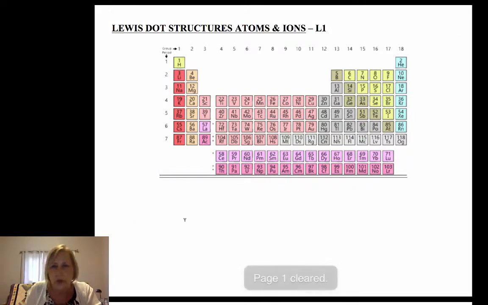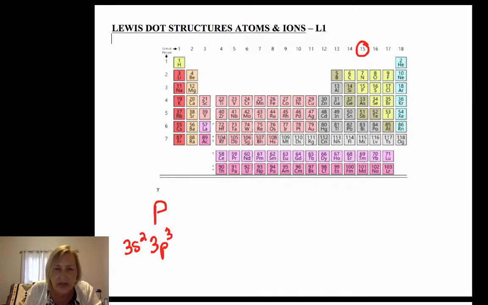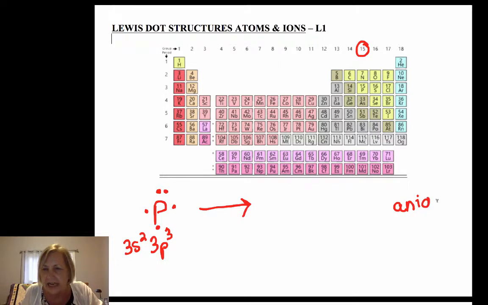Now let's do a couple of anions. Let's start with phosphorus. Phosphorus is in group 15. It has 5 valence electrons. So phosphorus ends in 3s2 3p3. So it has 1, 2, 3, 4, 5 valence electrons. Notice I went around the square and I didn't pair up until I had to. Now, nonmetals are winners; they become an anion, a negative ion.